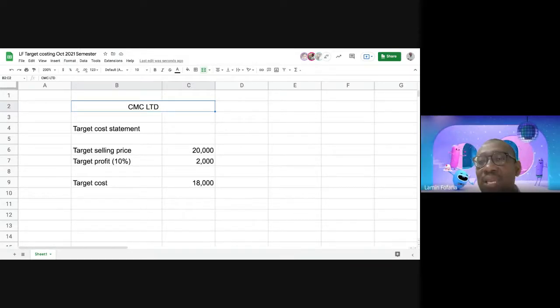Wait, let me choose who can help me. Ami Kole, are you with us? Aminata Singate, are you with us? Can you tell us how we're going to format the heading to make it bold, 14th font size, and a blue color.